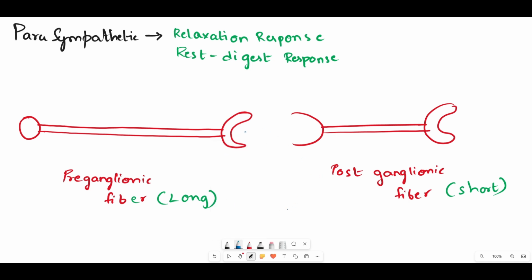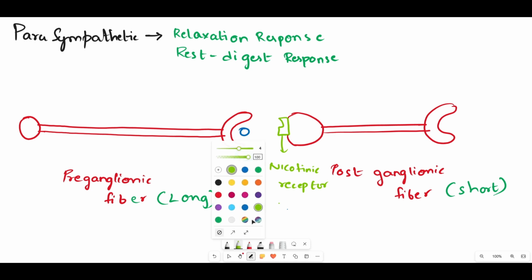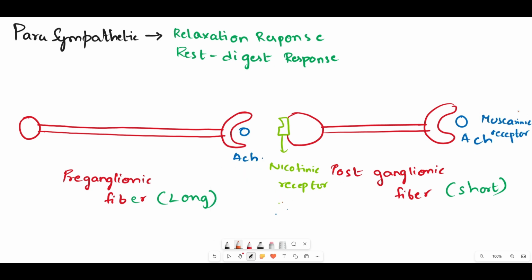Here there will be the presence of the neurotransmitter acetylcholine, and also there will be a nicotinic receptor. And at the end there is acetylcholine. There is a muscarinic receptor. In the parasympathetic nervous system, this is the representation of a smooth muscle or a cardiac muscle for the parasympathetic control.